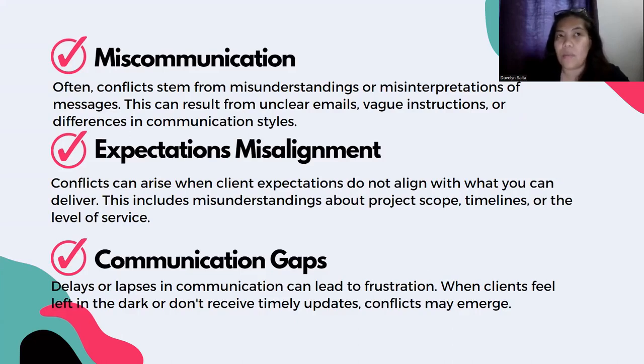So it is really important that at the onset, your client sets proper expectations, and you as well set proper expectations to the clients about your services. Okay, so it's actually a two-way communication.